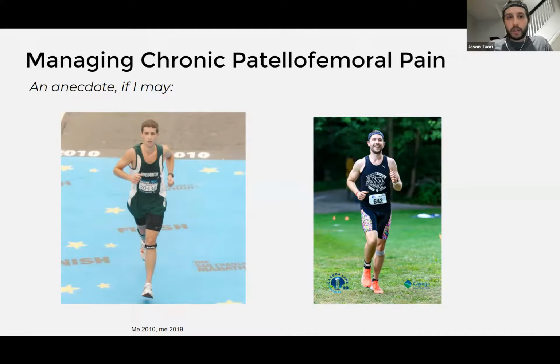My anecdote of running with patellofemoral pain, me before beard in 2010 and me after beard in 2019, is you're going to have some times where you can't stick to the plan. So you can make those good training decisions, you can not skip days in the gym, and you can still have some bad outcomes sometimes. And so you have to use the treatment strategies that we outlined here, reassess your goals, change the situation.